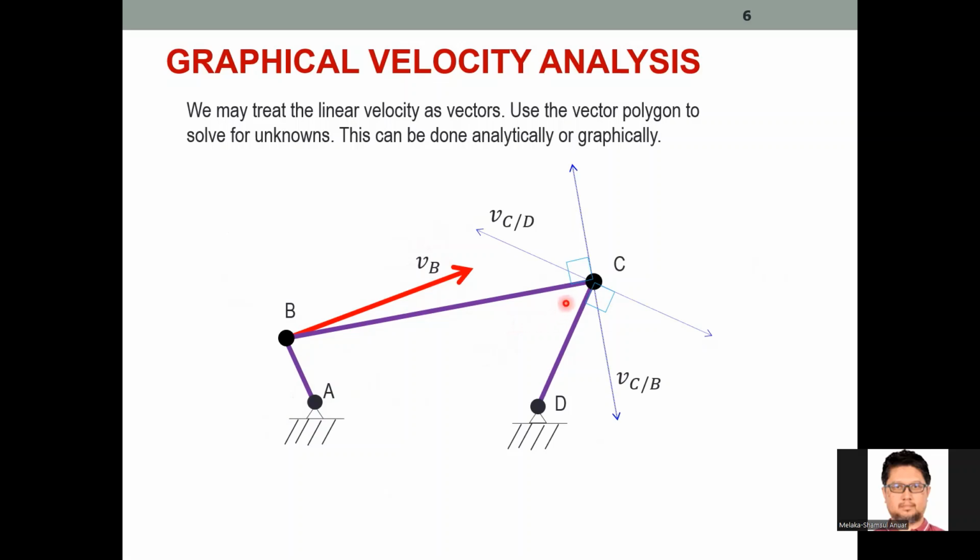And then you see at point C, there are two bodies that are sharing that joint C. So we have this link BC and also link DC joined over there. So that's why we have two lines. One is perpendicular to this link, whereas the other one, VC/D, is perpendicular to link DC.